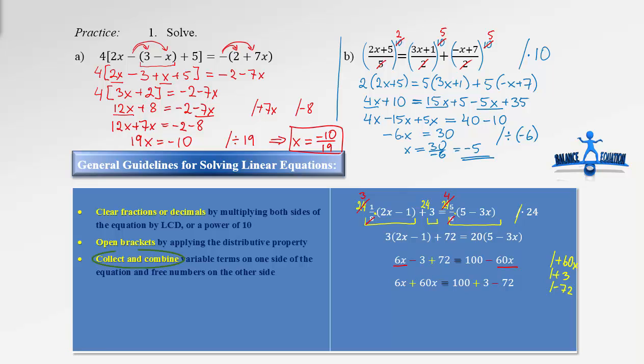Okay, now it's time to combine like terms. So we're just adding 60x plus 6x is 66x, and 100 plus 3 minus 72 turns out to be 31.